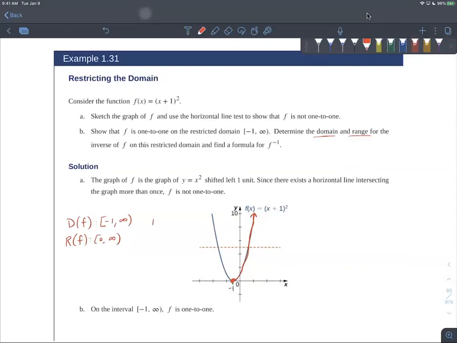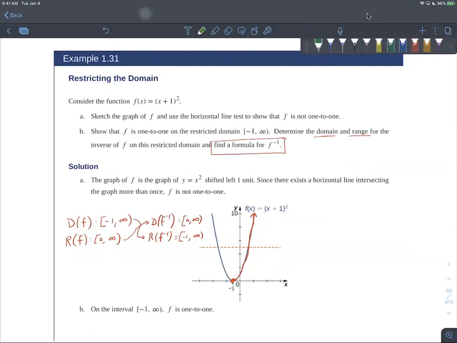So then the domain of f inverse is going to be 0 to infinity. The range of f inverse is going to be -1 to infinity. And then it asks us to find a formula for f inverse.